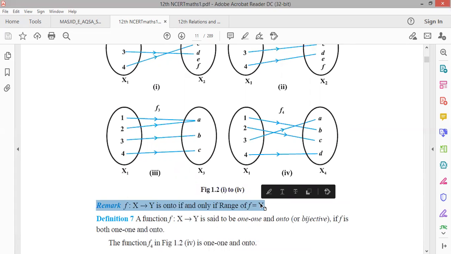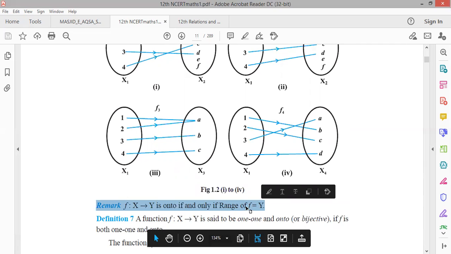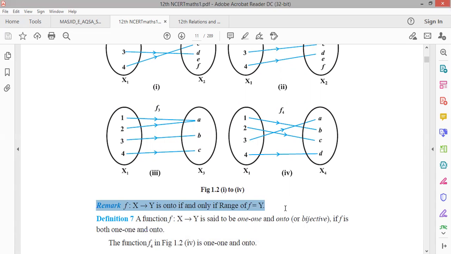For that, we have to check whether the given codomain is engulfed by the range, that means whether the given codomain is fully occupied by the range. That means the whole codomain should be the range, that is, the range of f should be equal to Y. So if the codomain is exhausted by the range of the given function, then that is called an onto function.